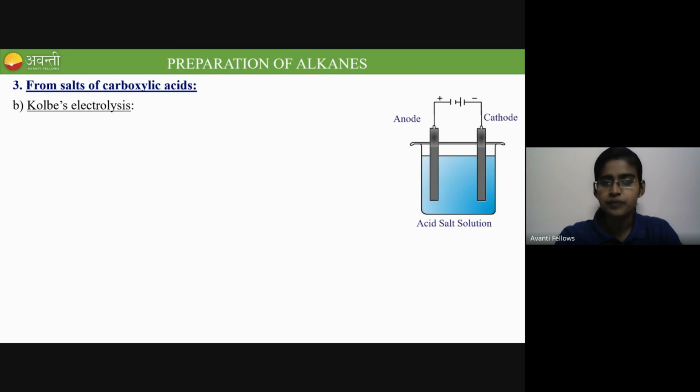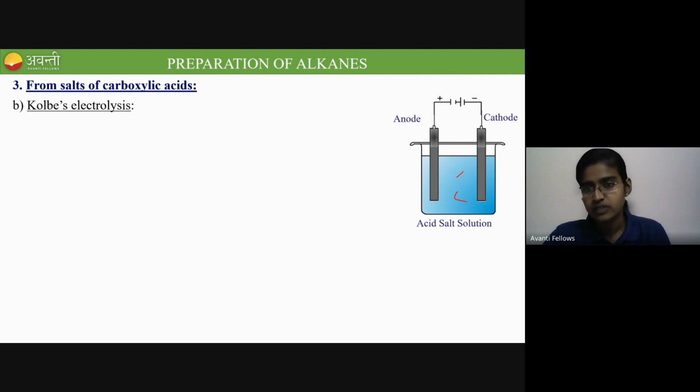Now you see what is meant by electrolysis first of all. Electrolysis is a process where you have a beaker, which you can see on the screen, and in the beaker we have one solution. That solution is called the electrolytic solution, and two electrodes are dipped into it. One is called the anode and the other is called the cathode.